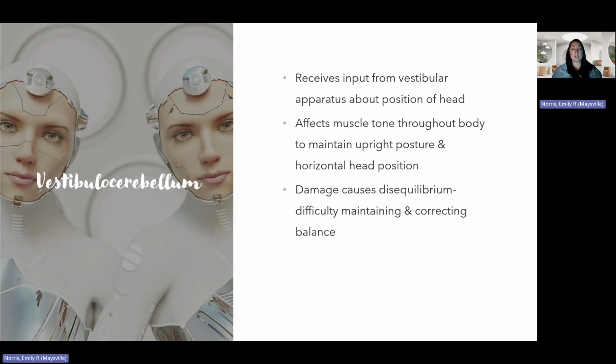Damage to this area can cause disequilibrium or a loss of balance, difficulty maintaining and correcting balance. So some of the symptoms, if the vestibulocerebellar tract is damaged, include postural tremors, which are like large amplitude back and forth movements while you're standing.